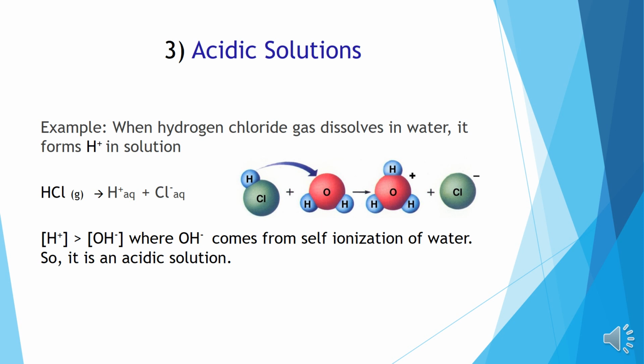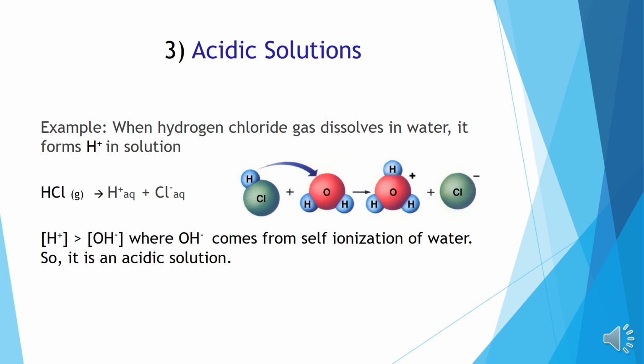Now let's explain acidic solutions. Let us recall Arrhenius' theory. When hydrogen chloride gas dissolves in water, it forms H+ in solution. Let's see the equation here: HCl gas gives H+ aqueous plus Cl- aqueous.